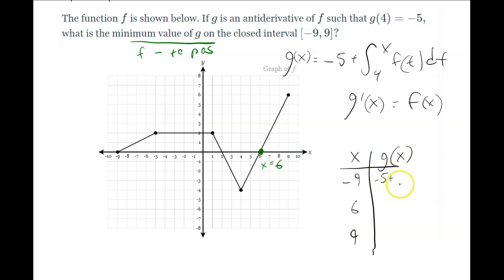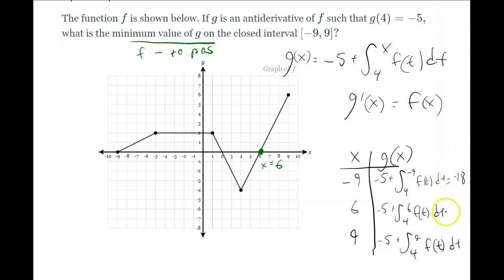And my function here is going to be the integral from 4 to negative 9. And the values here I get are negative 18, negative 9, and 0.